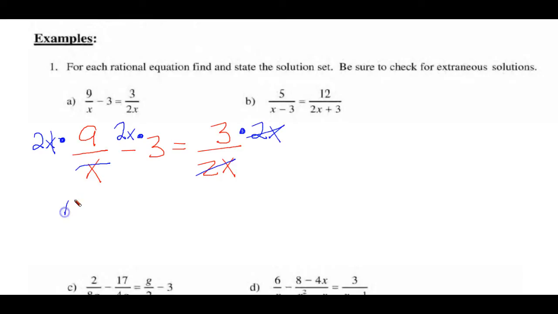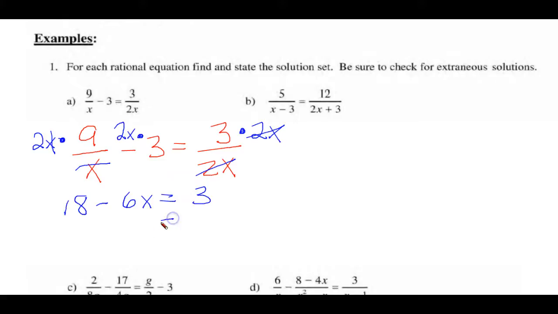This is going to be 18 minus 6x equals 3. So it looked a little daunting in the beginning. By using the technique of getting rid of all the fractions, by multiplying each term by the lowest common denominator, we've made it something rather easy.